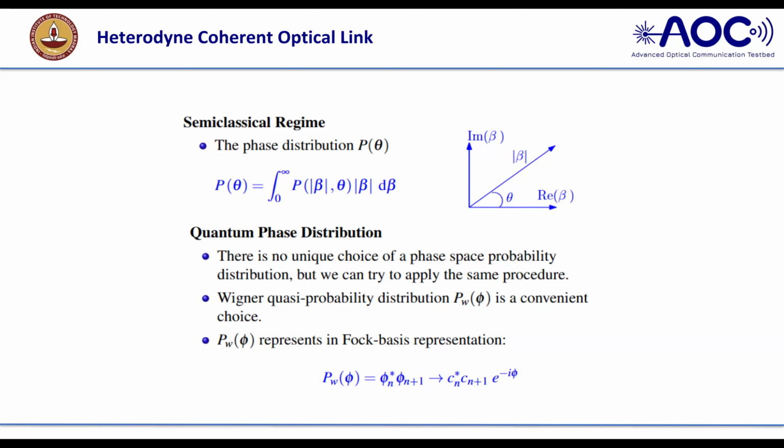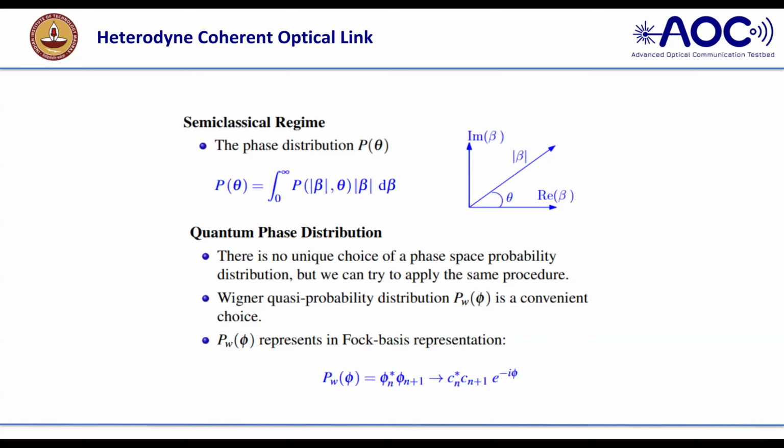We follow the same procedure, but we want to write P of theta in terms of the basis representation, the discrete number of photons. So when you write phi, it is like n and n plus 1 conjugate. You write the number of photons n and n plus 1, and e to the power minus i phi gives my phase information.